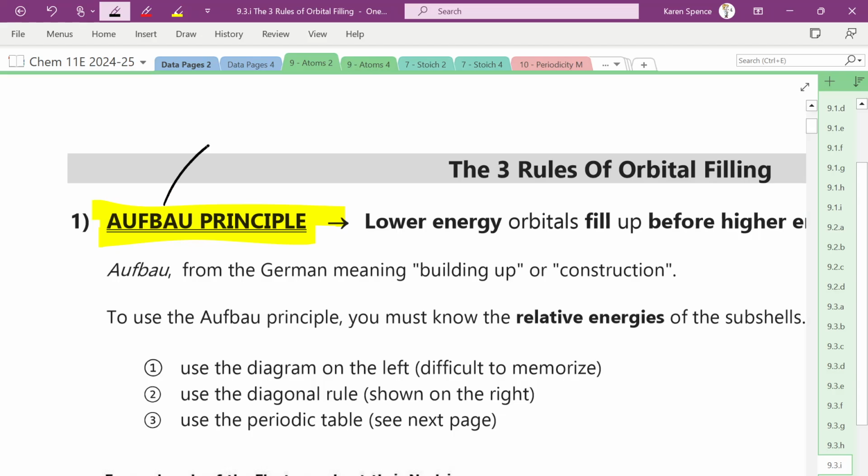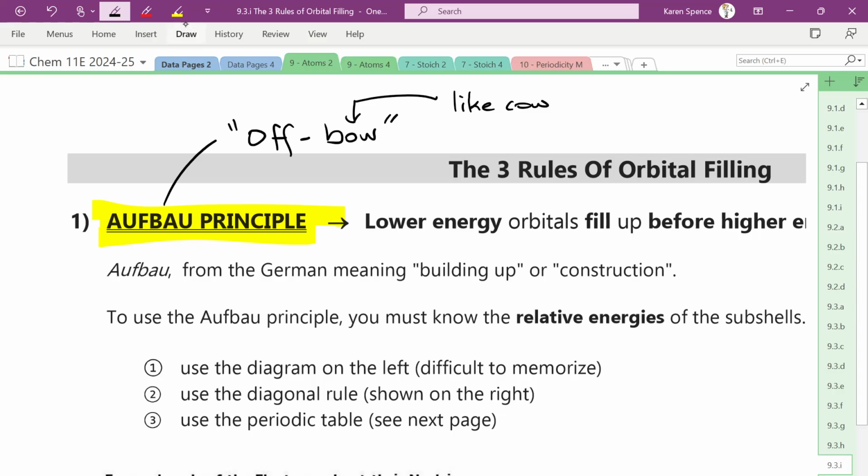Pronounced off, bow. Bow as in cow. Aufbau. Okay, so Aufbau.